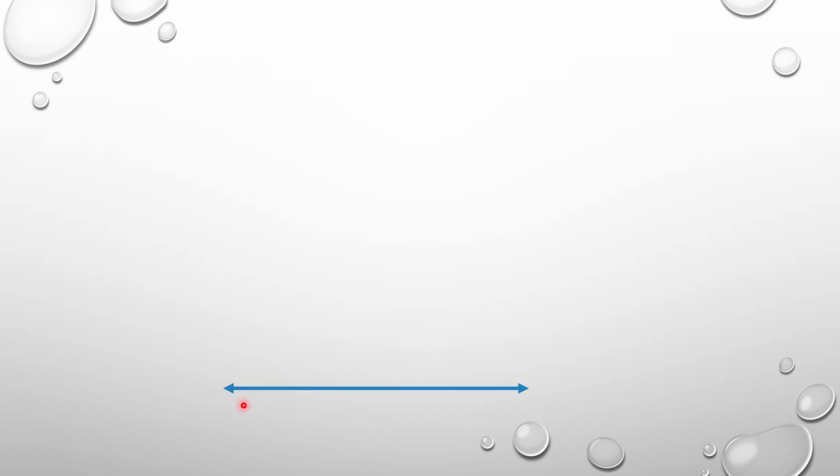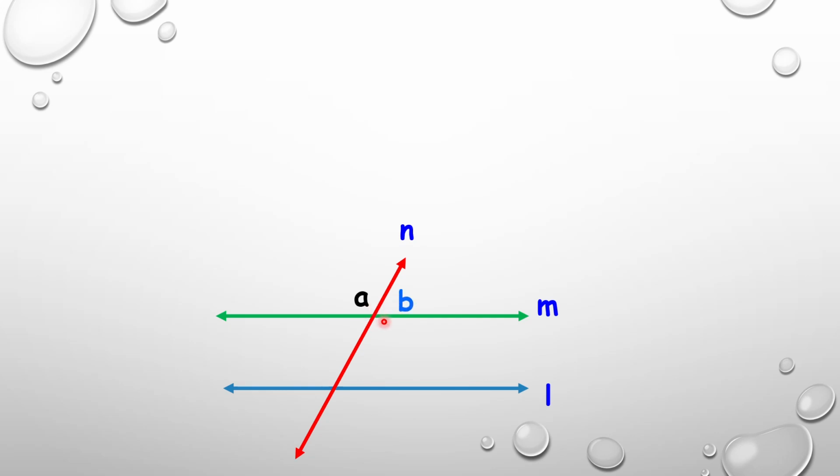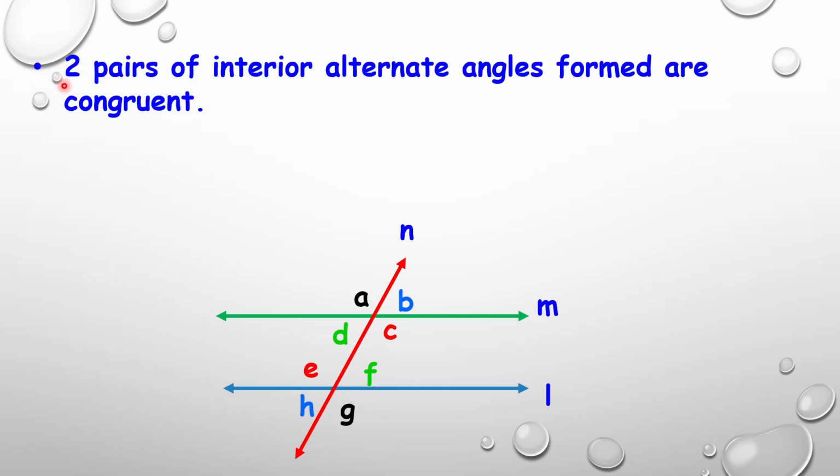Third property. Two parallel lines are line L and line M and line N is the transversal. Angles made by the transversal are A, B, C, D, E, F, G, H. The third property is: two pairs of interior alternate angles formed are congruent.